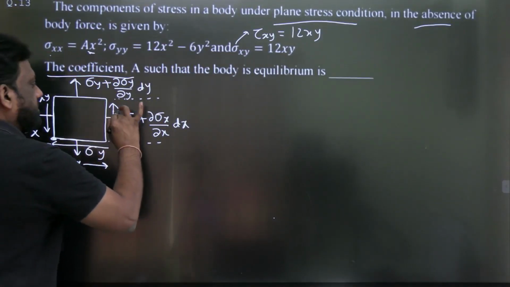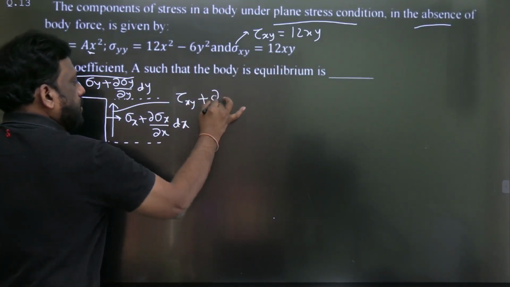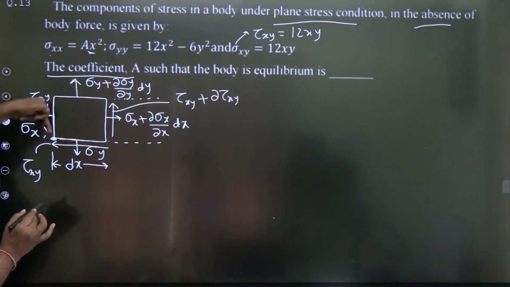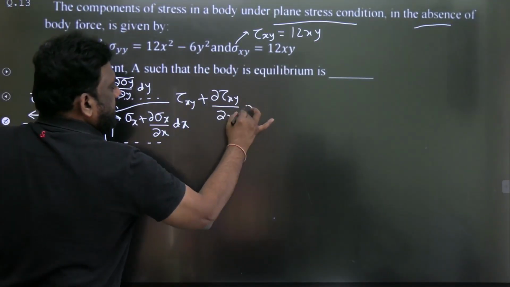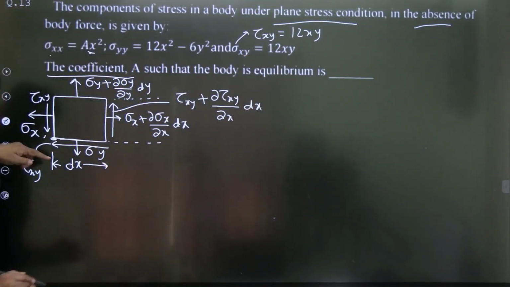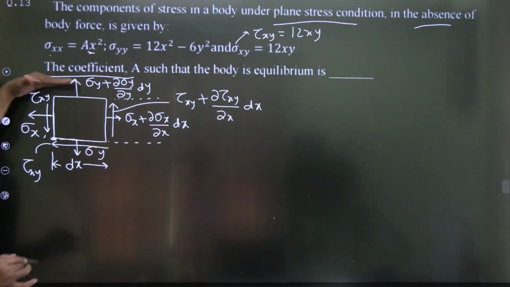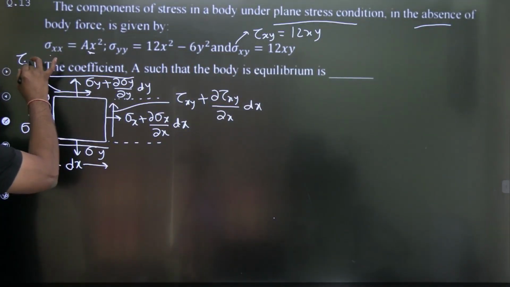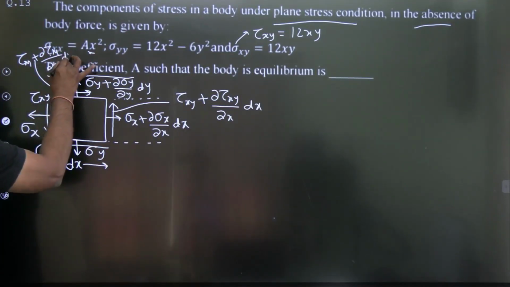It will be tau xy plus dou tau xy by dou x dx. Similarly, if it is tau xy here, at a distance dy, it will be tau xy plus dou tau xy by dou y dy.